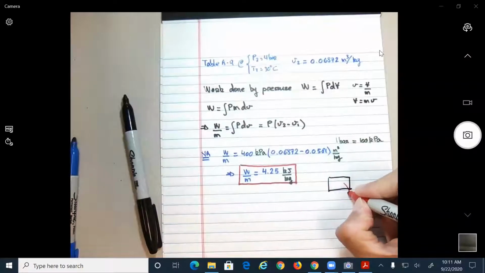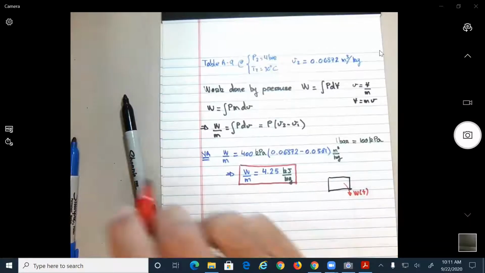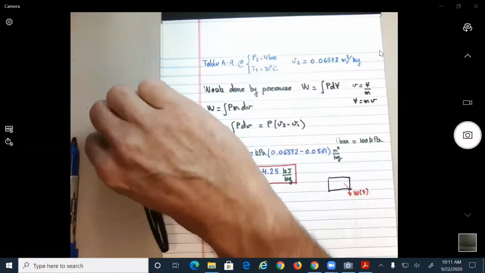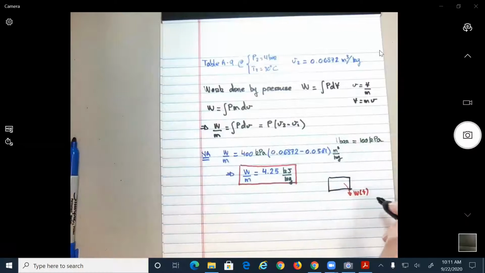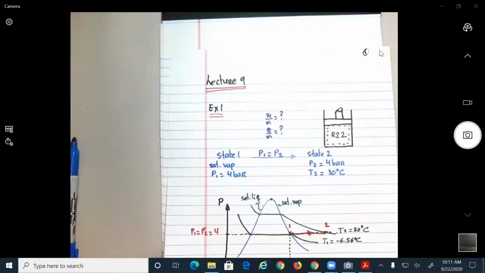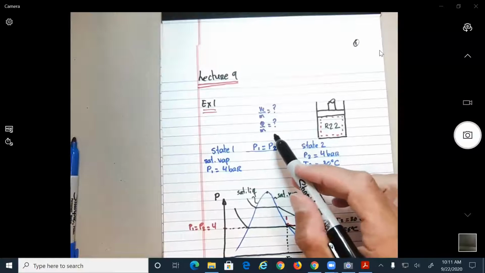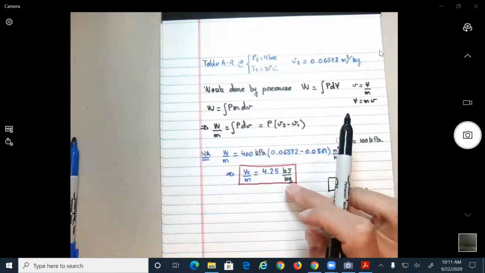Yeah? Okay? So this is work done by the piston. All right, now the next thing we need to do is to find what is the heat per unit mass that is involved when this creates the work, or how much heat you need to apply to this in order to have this amount of work done.